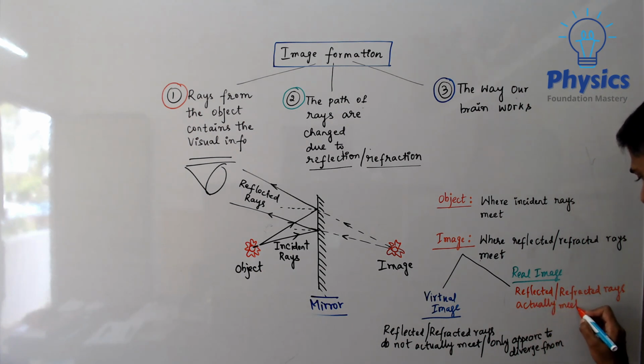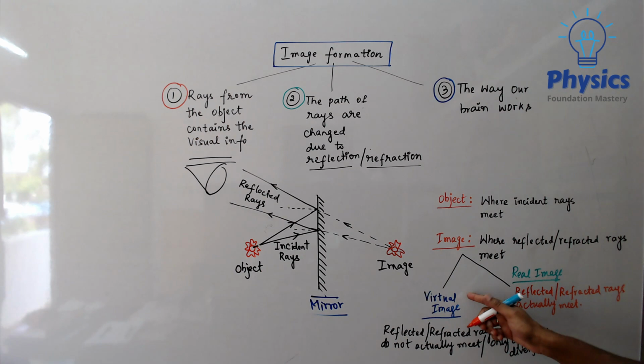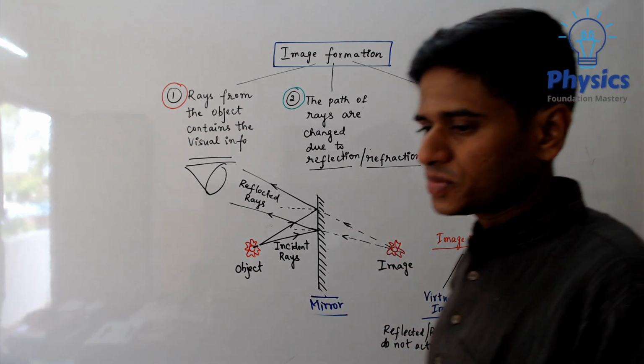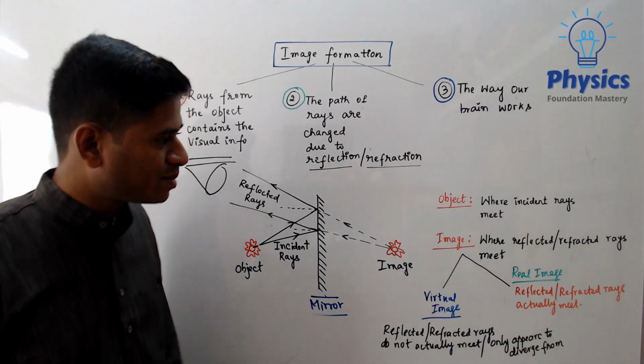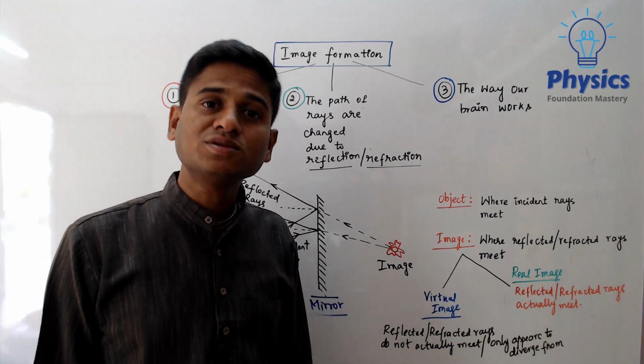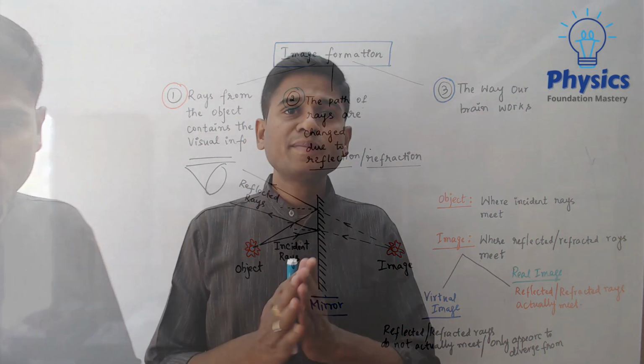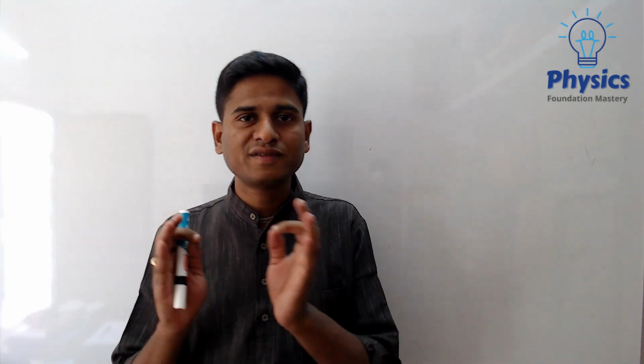Okay, actually meet. Now, I have already given the example of a virtual image in the case of a plane mirror. In order to explain a real image, I'll have to get into the spherical mirror. So let's get to that. Let me explain the formation of a real image using a spherical mirror, especially a concave mirror.